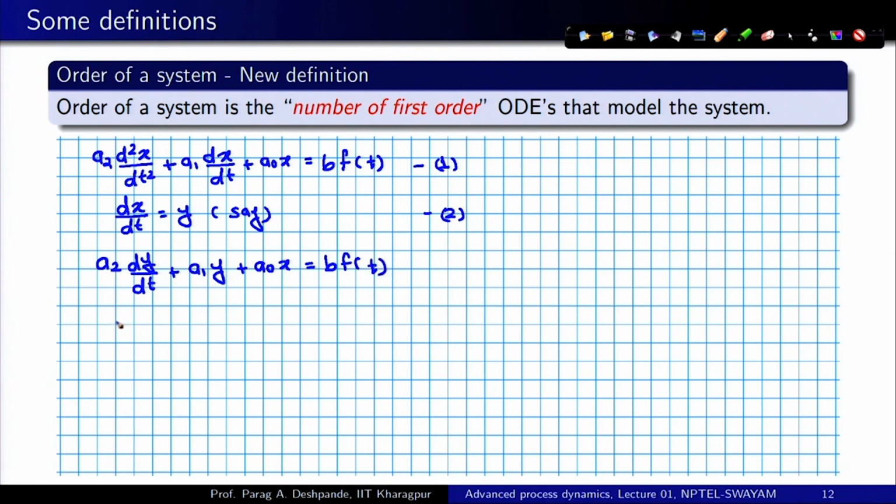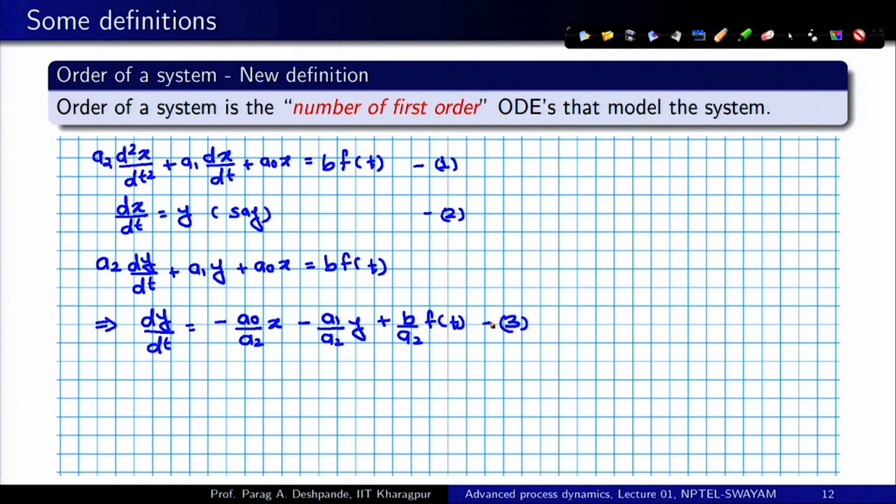And this can be rearranged as dy by dt is equal to minus A0 by A2 x minus A1 by A2 y plus b by A2 f of t. This is equation number 3.